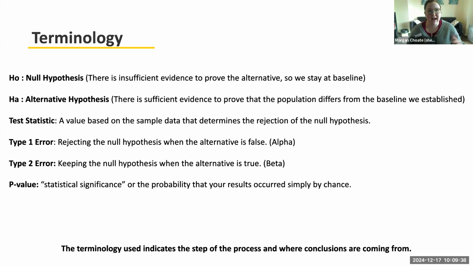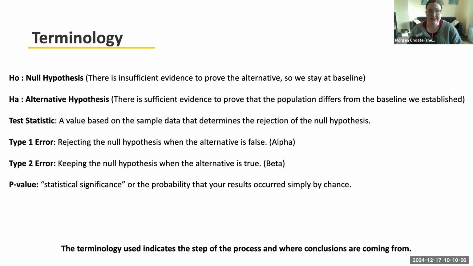But statistics as a whole, you're never saying something is entirely true or entirely false. You're usually just saying we have enough evidence to prove that this is happening, or there's a low probability that this isn't happening. We'll say something conditional around it. We don't usually deal in absolutes. And hypothesis testing is a really good example of that wording being used heavily.